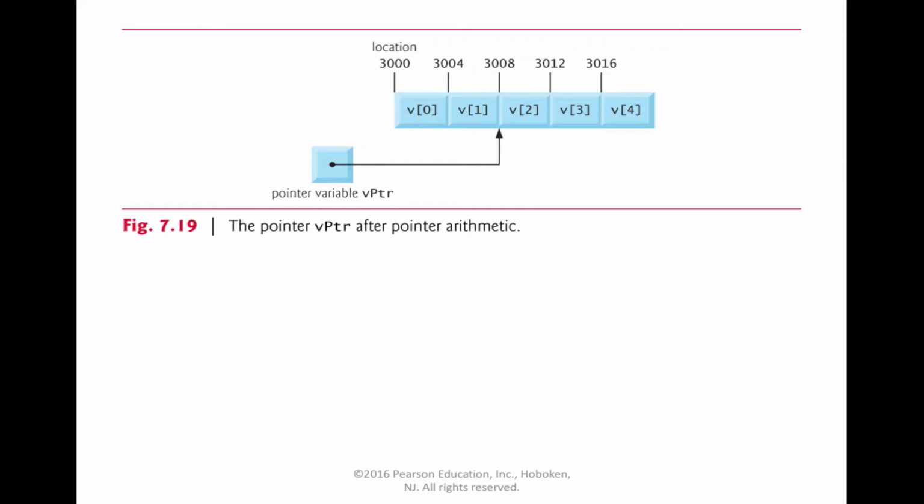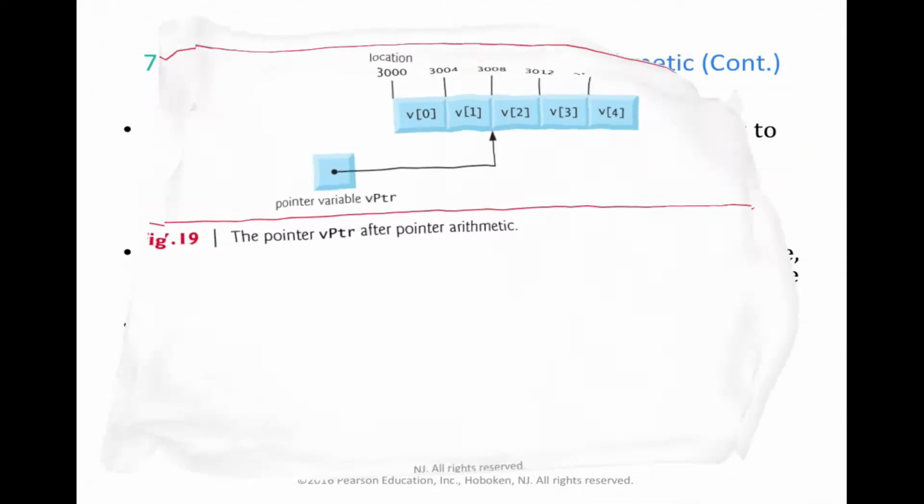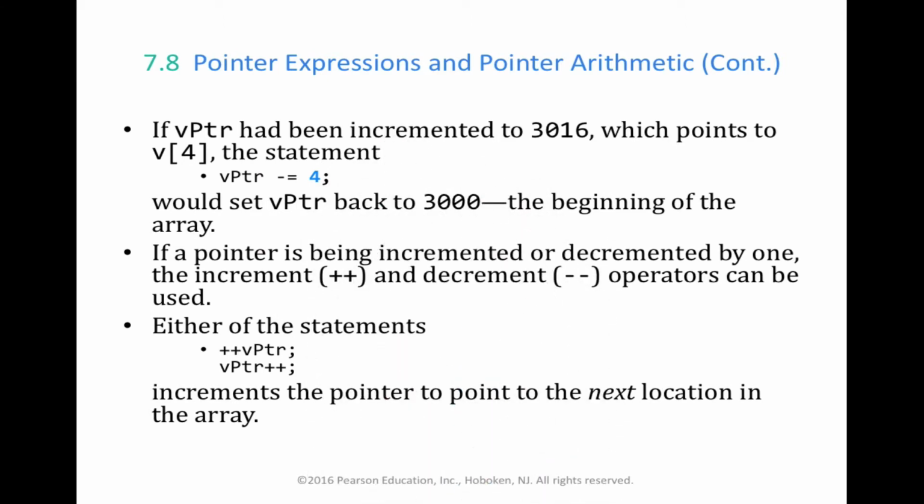You're adding or subtracting individual objects. So if it's an integer, you're adding or subtracting individual integers from that pointer, especially when we're talking about an array. That means you're moving 1 whole spot in that array.